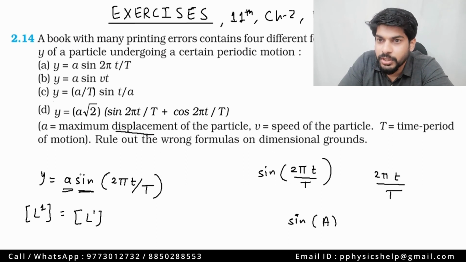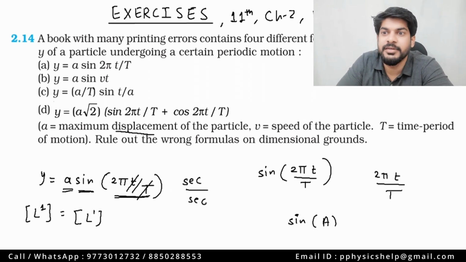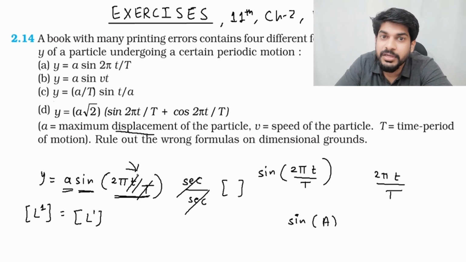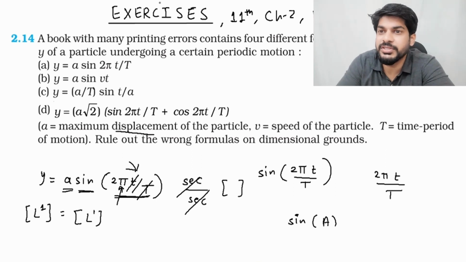Now look at this term, 2 pi t upon T. This t and T, that means it has got unit second upon second. That means there is no dimension to this. The term inside has got no dimensions. Look at this pi. Pi is measured in radians, so that is fine. That is no problem. So this term over here is fine.